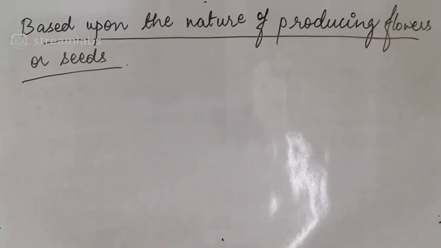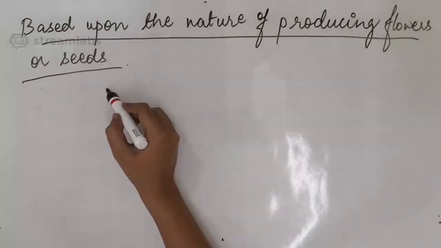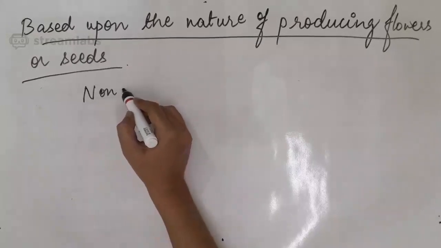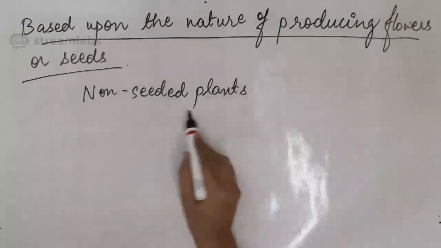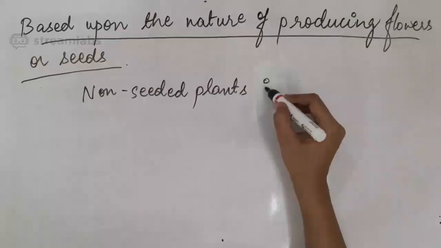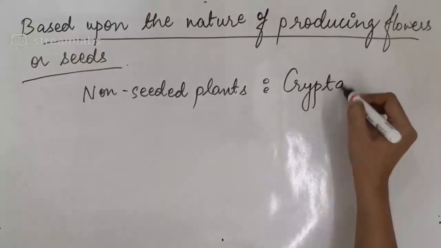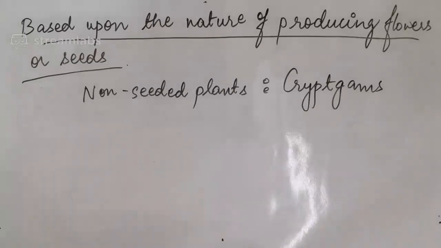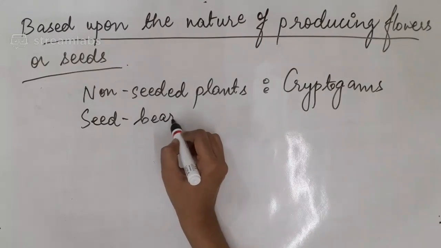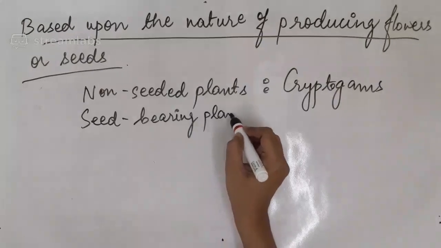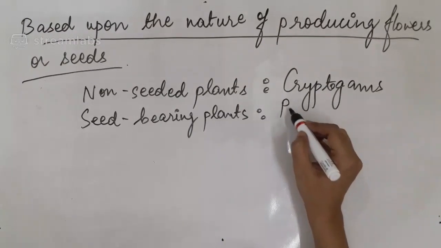Okay, so now on this basis, the plants are either non-seeded plants, also known as the cryptogams. The cryptogams are the non-seeded plants, and those that bear seeds, the seed-bearing plants, are called phanerogams.